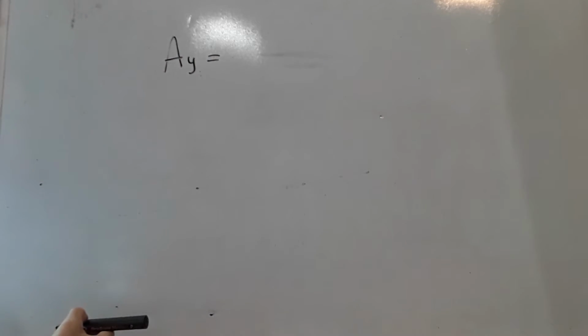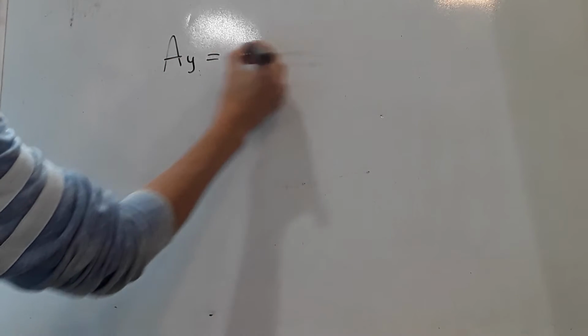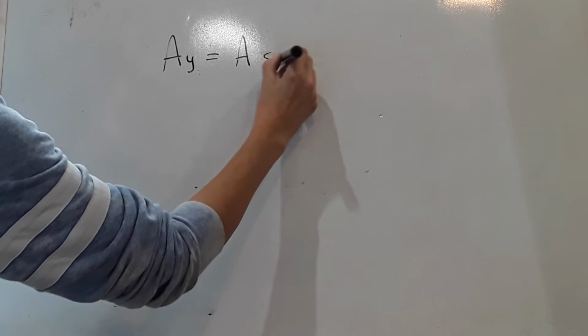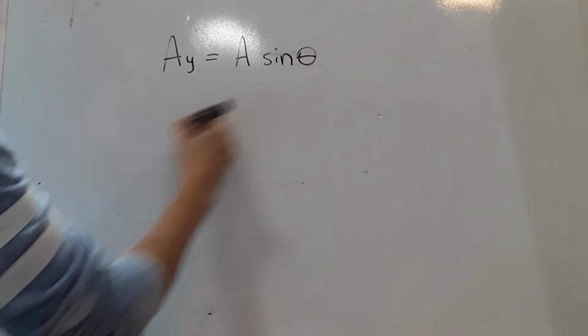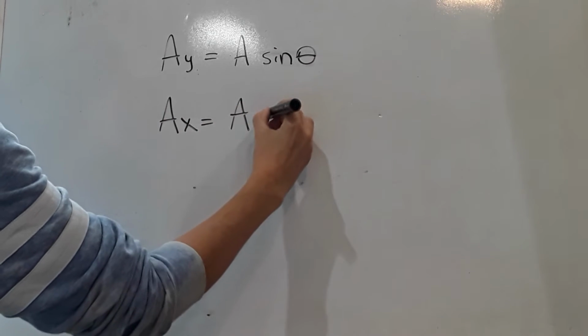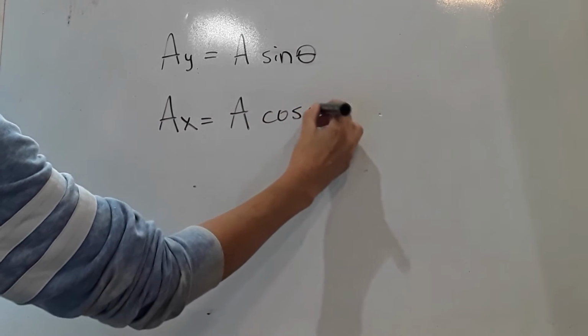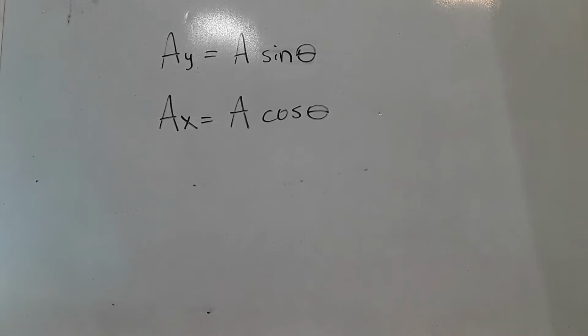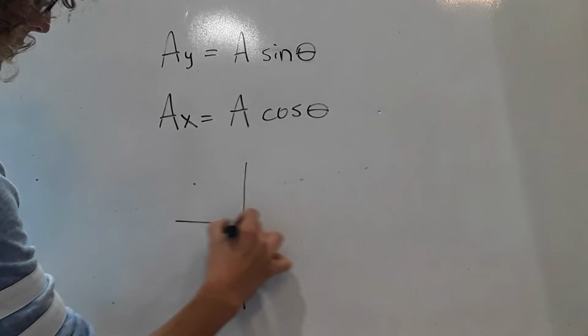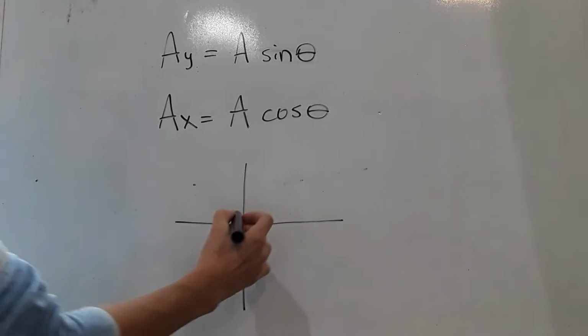The y component of a vector can be found by multiplying the main vector, magnitude, times the sine of theta. And the x component can be found by taking A times the cosine of theta. Those formulas are at the bottom of page 85. And that's when you have this type of a scenario.